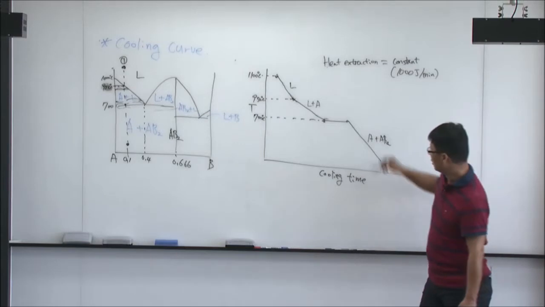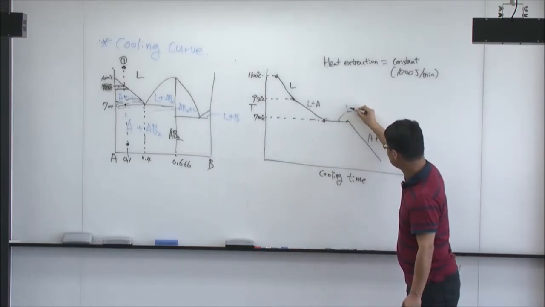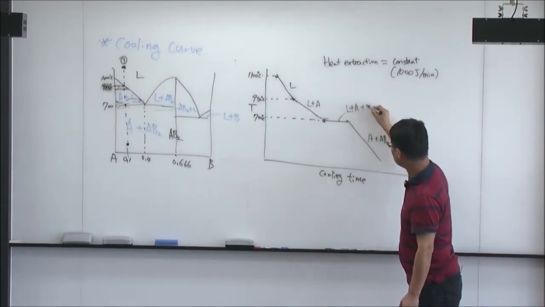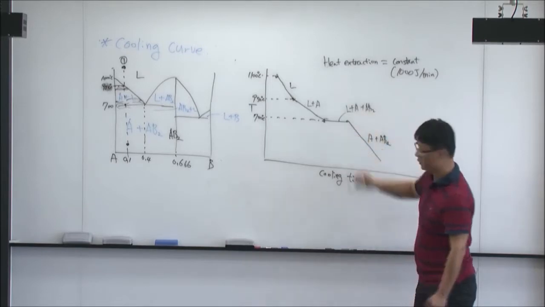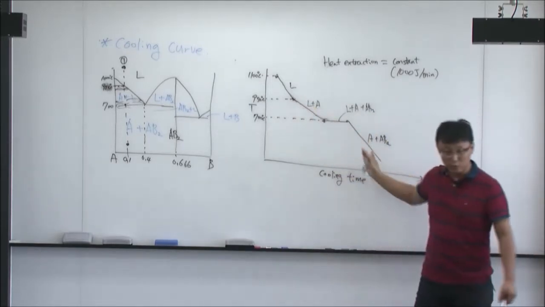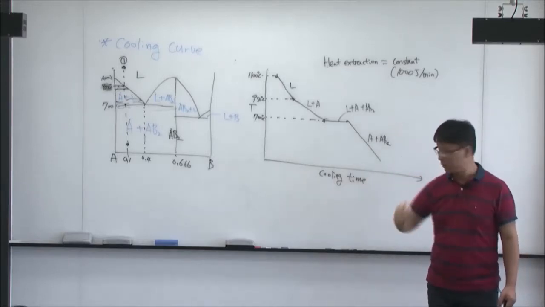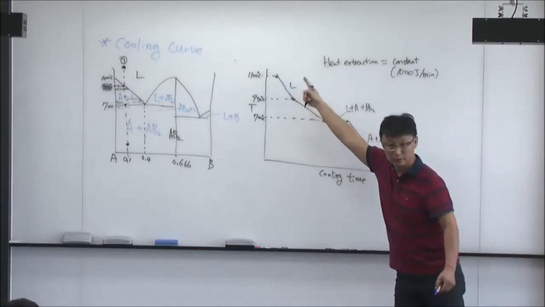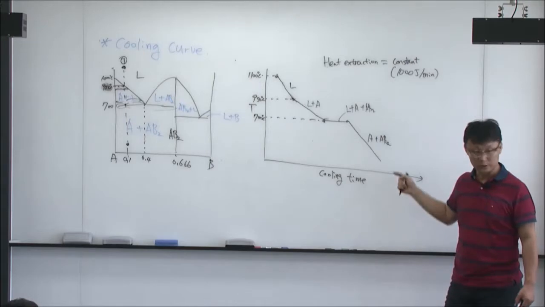So here, this is eutectic: liquid plus A plus AB2, all existing together. When you cool or heat a material, heating is exactly the reverse process.